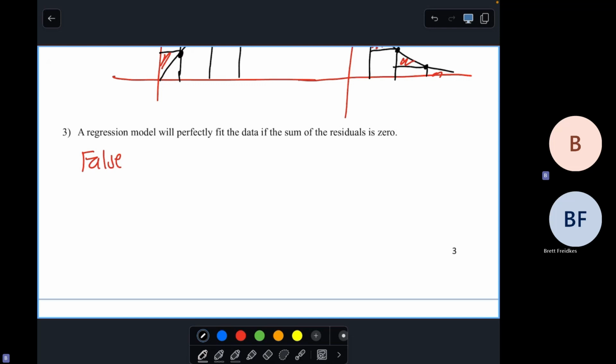You have to read. Why does this not mean a perfect fit? I think you said it before. What did you say, Jacob? If you're not squaring, the positive and negative residuals can cancel out. So this is false. This needs to be the sum of the squares of residuals.